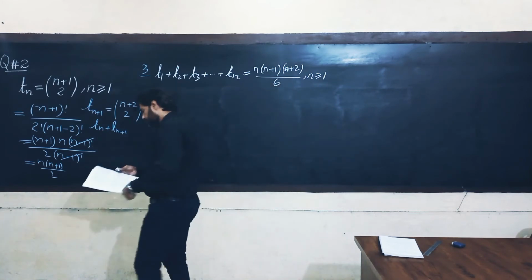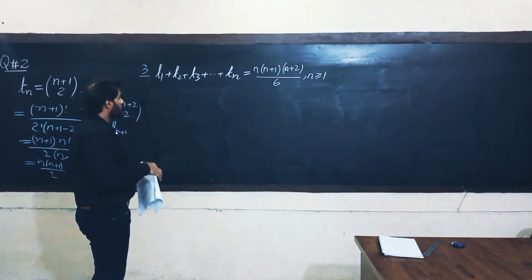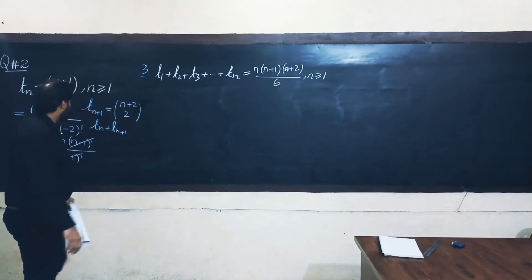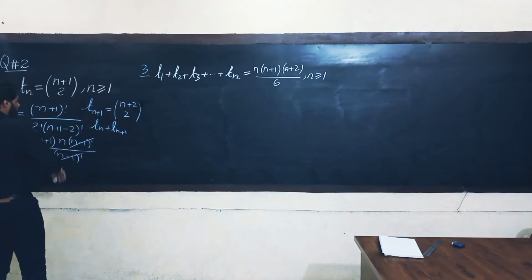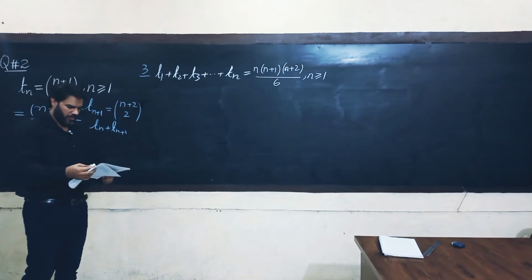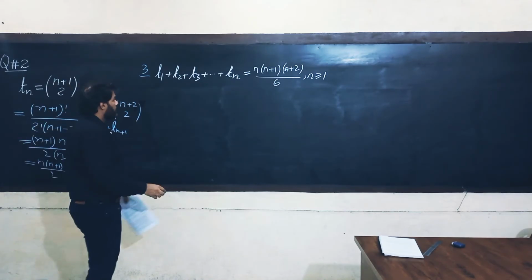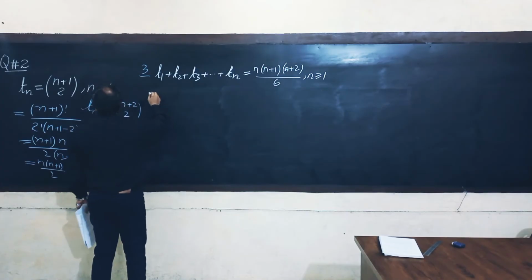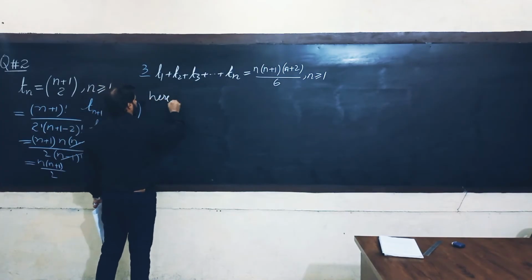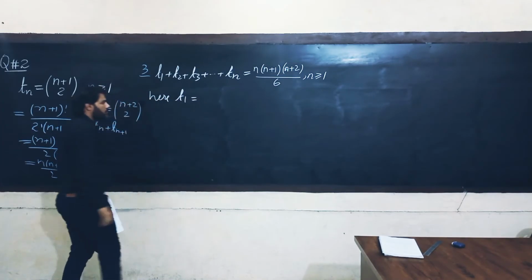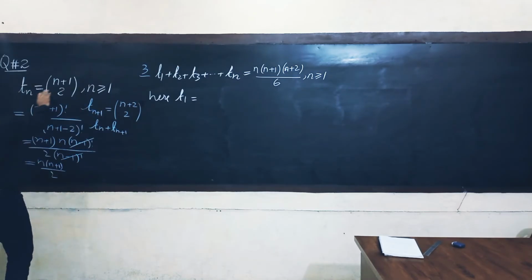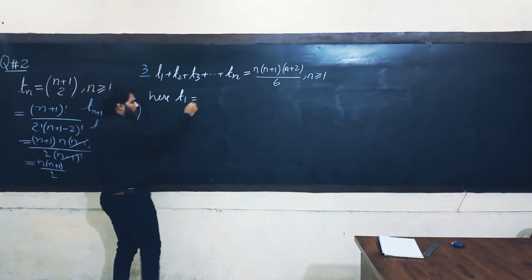To prove this question, I will use the binomial coefficient here. T1, if we put n equal to 1 here, is equal to 2 combination 2.